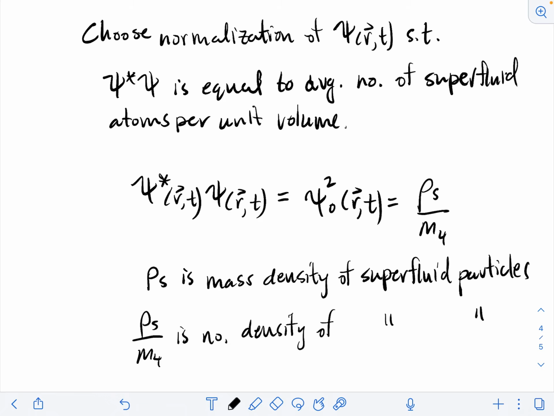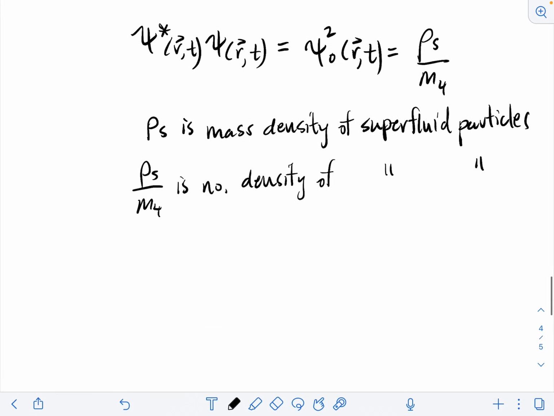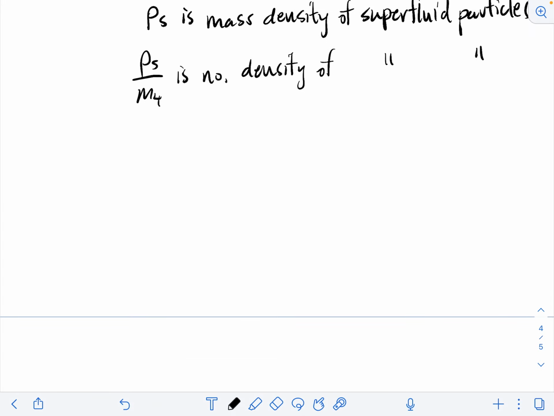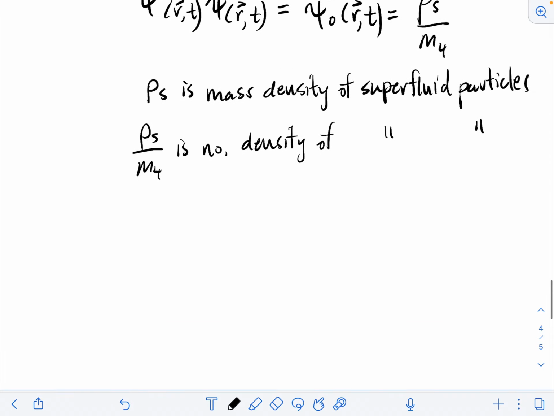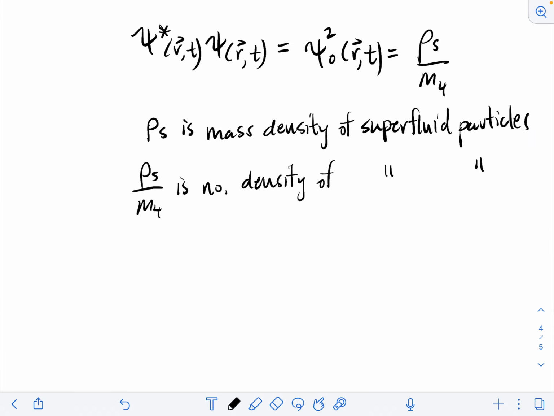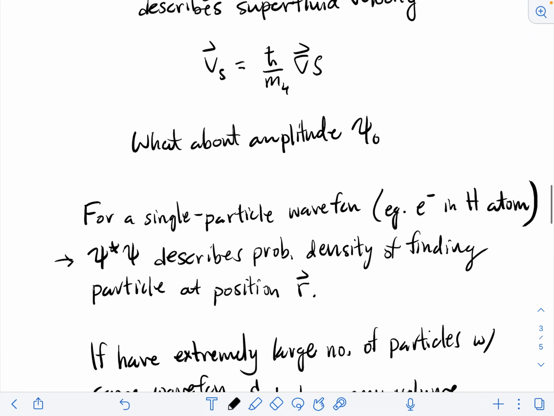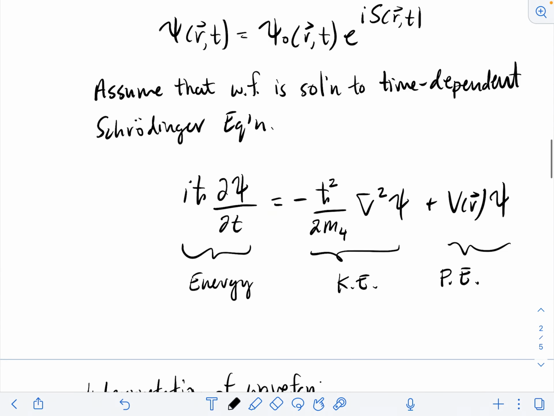Okay, so next, what we're going to do is we're going to try to go through an argument to see if we can figure out what we should write for the potential energy in our Schrodinger's equation, right? So if we go back to the time-dependent Schrodinger's equation, we have the total energy, we have the kinetic energy, and we have the potential energy, but right now we don't have any sense of what the form of this potential energy should be.